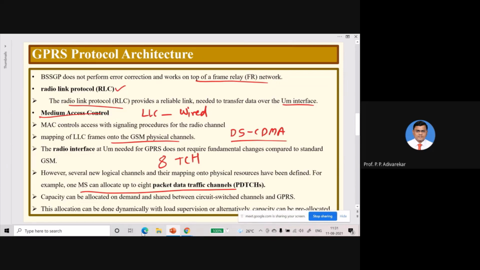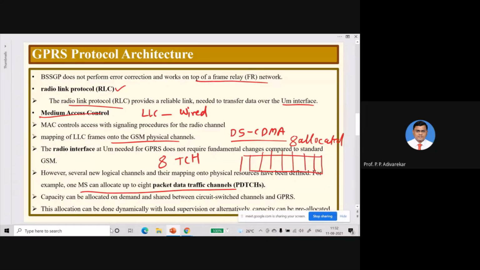Just recall the GSM frame structure. There were a total of 8 time slots, and 8 users were allocated to them, so each user got only one time slot.